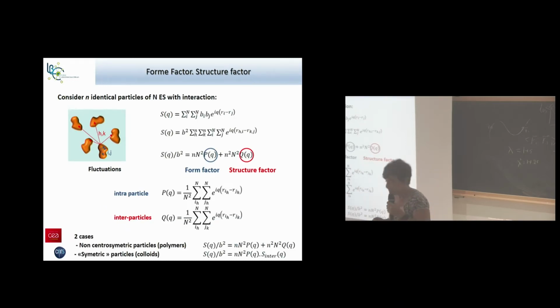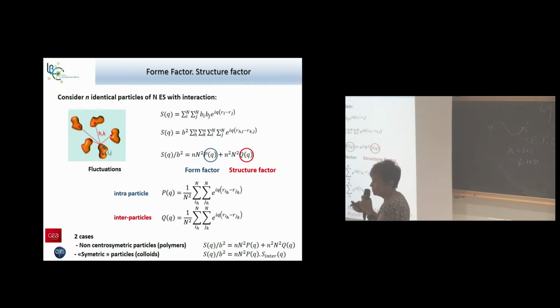So now I consider N identical particles, made of n elementary scatterers, that interact with each other. It means that you are starting to concentrate these objects that are interesting for you, and you can separate this equation into two terms.